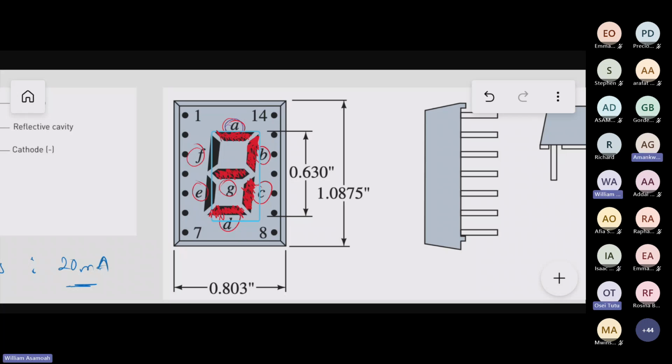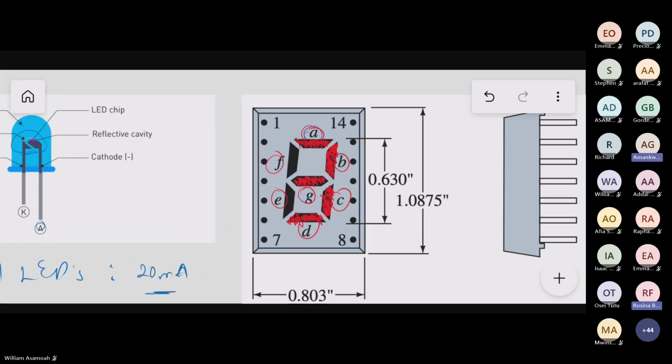Or the display they raise up in football when they are doing substitutions. Digital watches, FM radios, those are all 7-segment displays. You guys are brilliant. I like that.